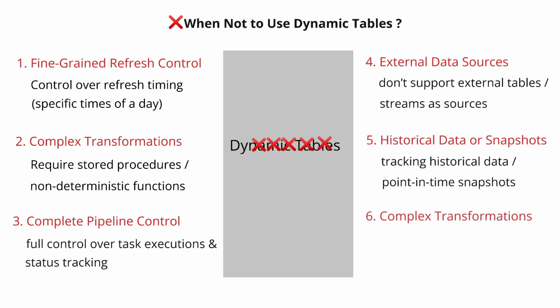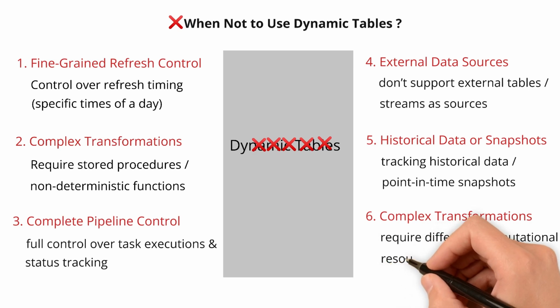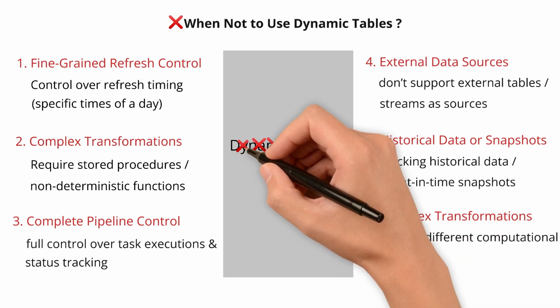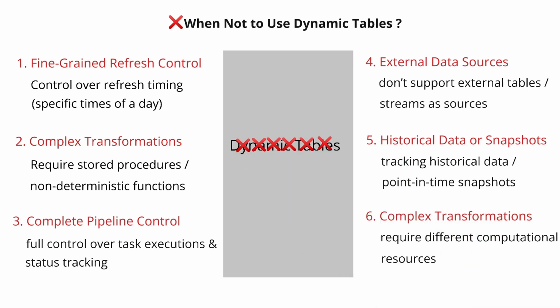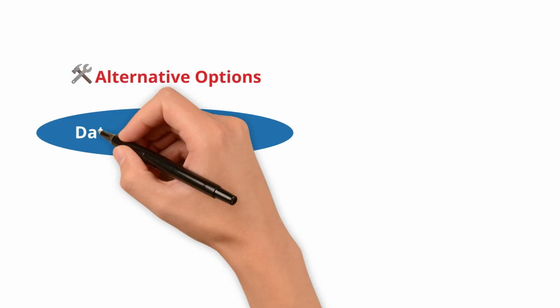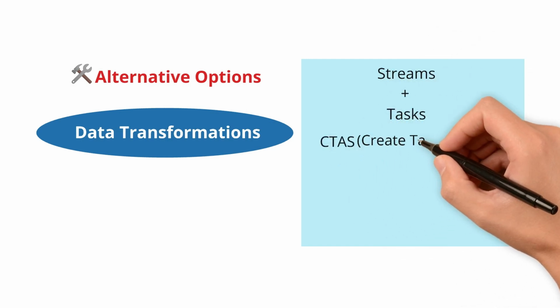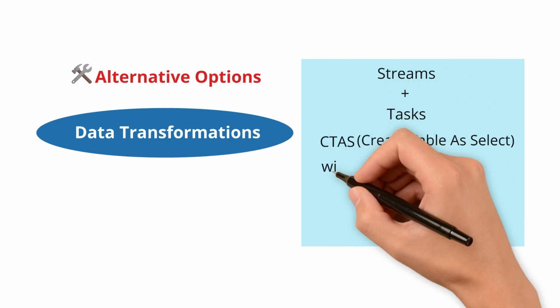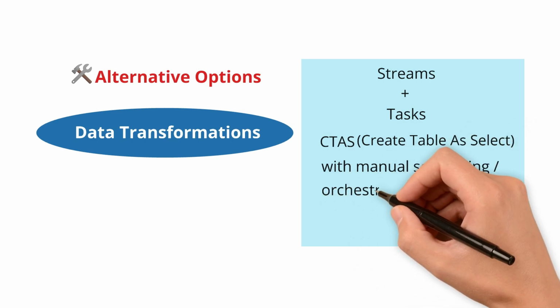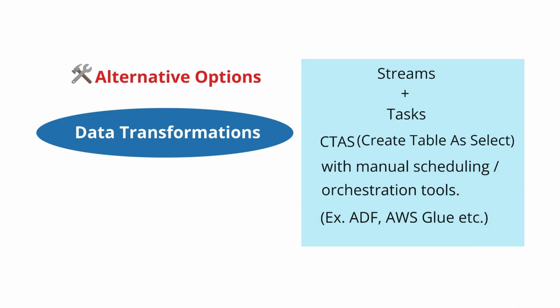If your transformations are complex and require different computational resources at each step, manual pipelines might be more flexible. In these cases, you can still manage your data transformations using streams plus tasks or create table as select with manual scheduling or orchestration tools like ADF, AWS Glue, etc.